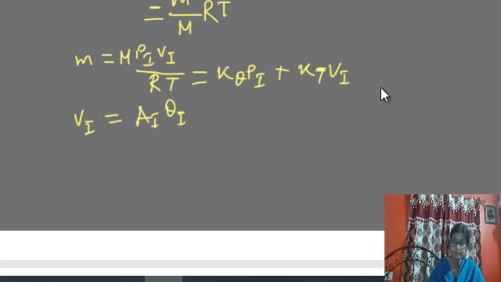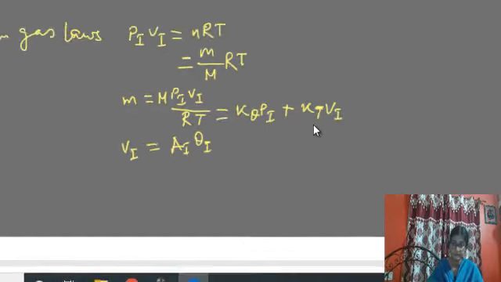Once again repeating the significance of kθ and kT. kθ is the constant for increase in pressure at constant volume, and kT is the constant for increase in volume at constant pressure. Just the reverse.